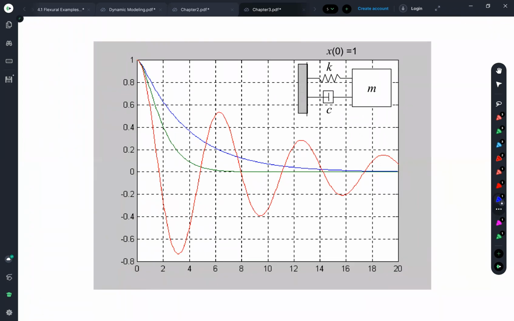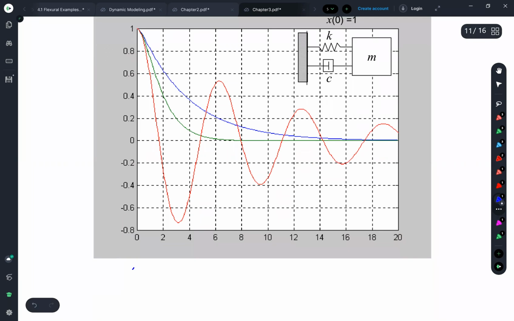I'm not so sure whether you understand it correctly or not, but for sure the red color is 3.1, the underdamped system, where zeta is less than 1. Remember, you have three systems depending on zeta.